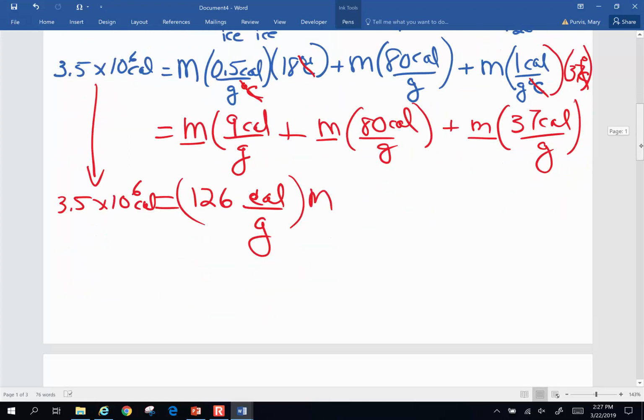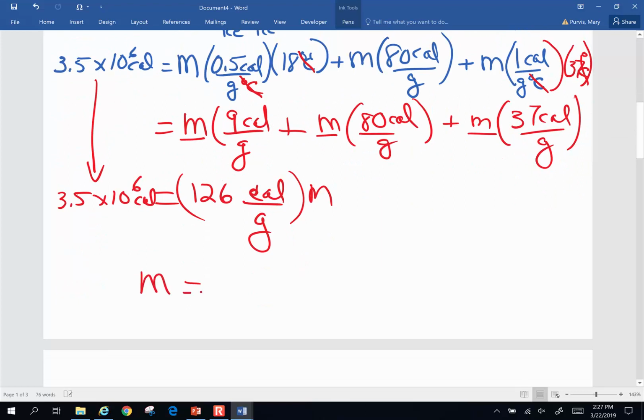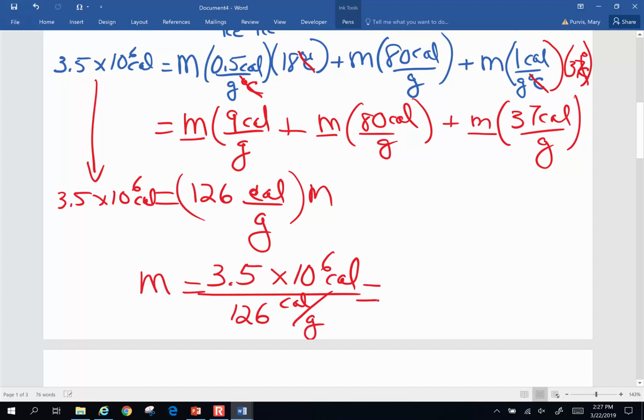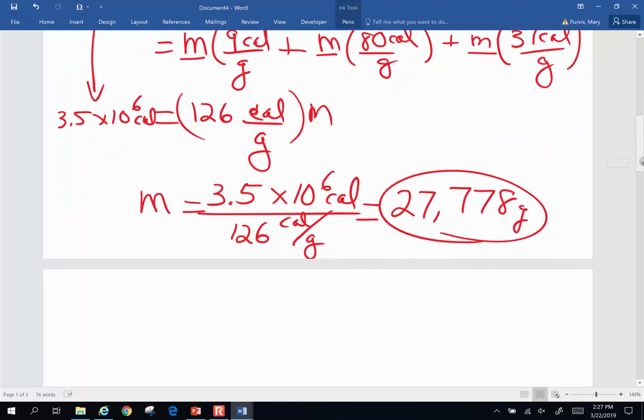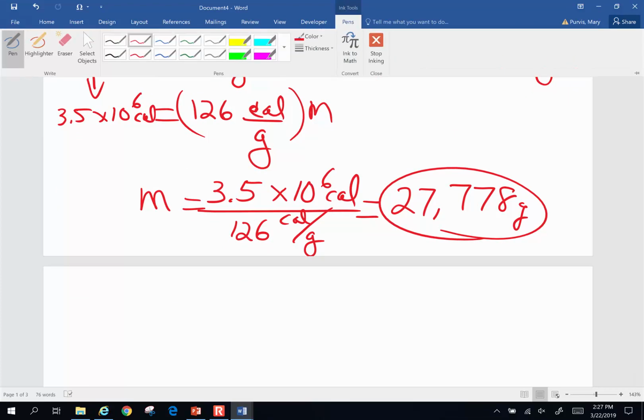So the mass of ice I need to eat is 3.5 times 10 to the 6th calories divided by 126 calories per gram, and that's going to give me 27,778 grams of ice.